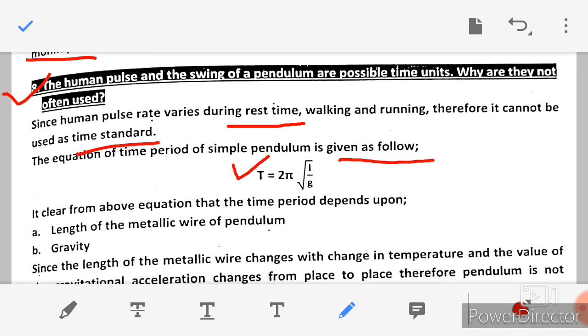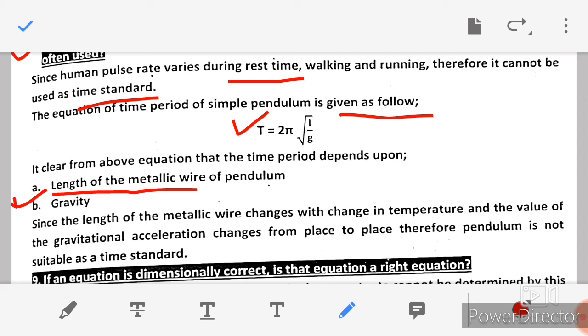It is clear from the above equation that the time period depends upon the length of the wire of a pendulum and gravity. Since the length of a metallic wire changes with the change in temperature and the value of gravitational acceleration changes from place to place, a pendulum is not suitable as a time standard.